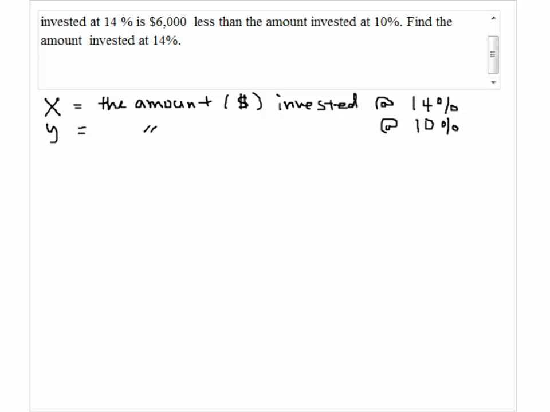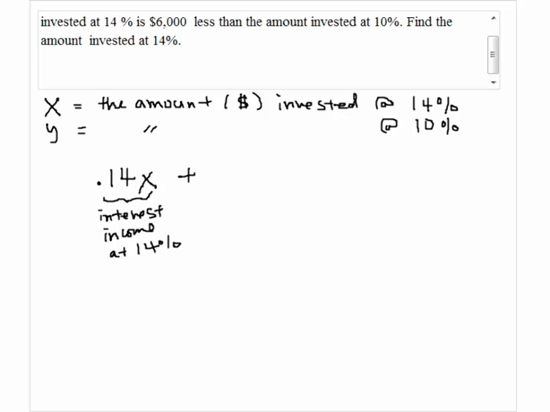The interest income obtained from the 14% account will be given by 0.14 times the amount invested, which is X. So 0.14X is the interest income at the 14% account.